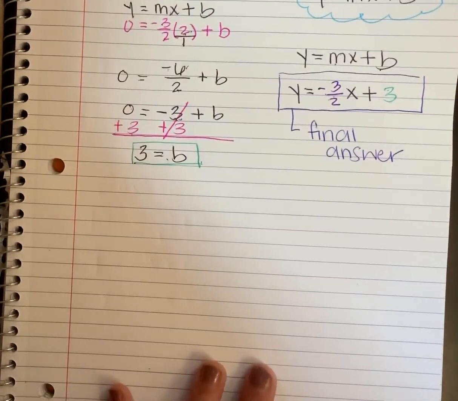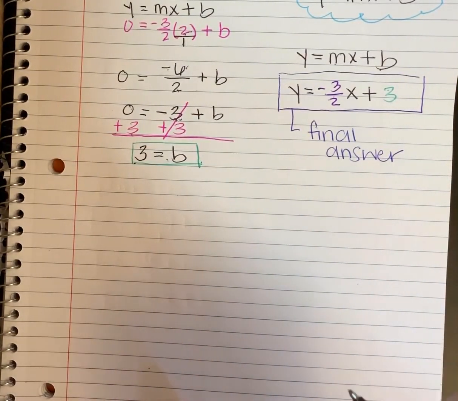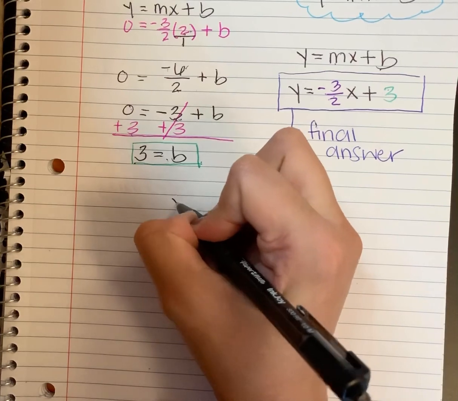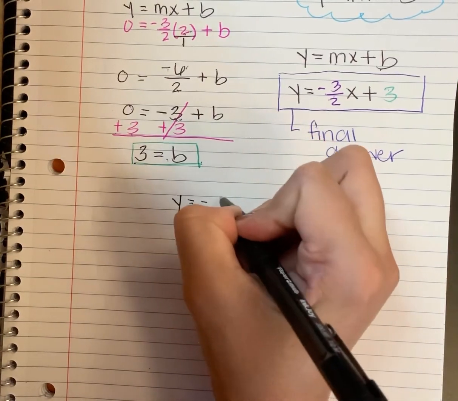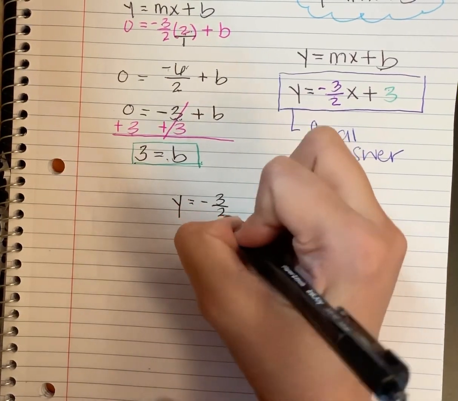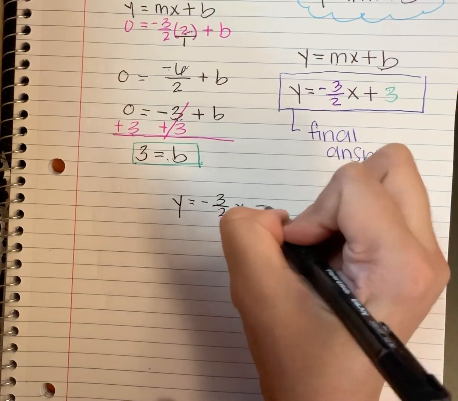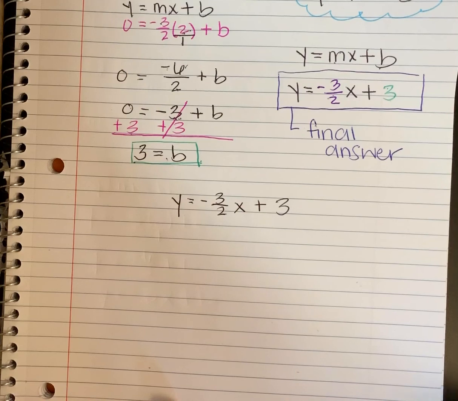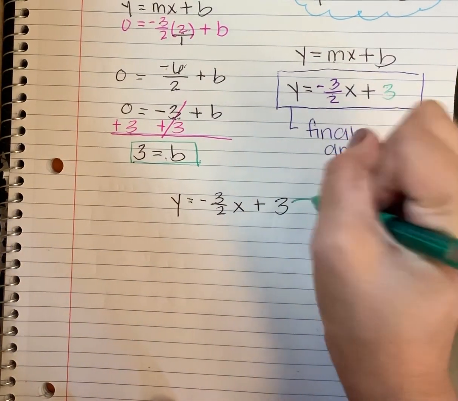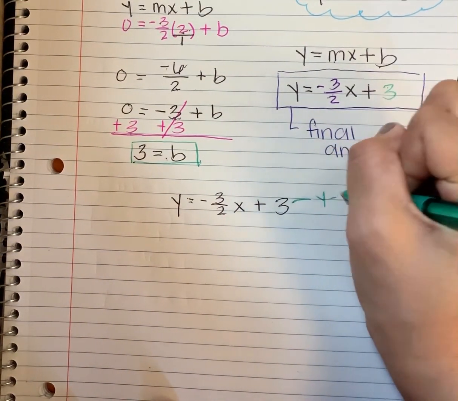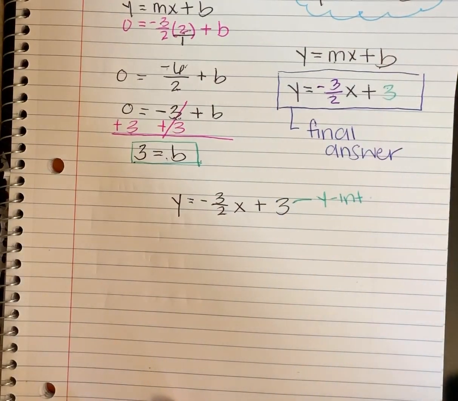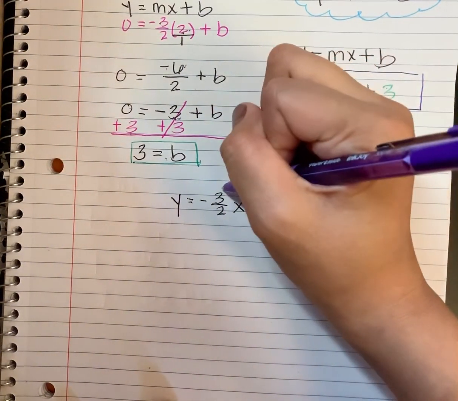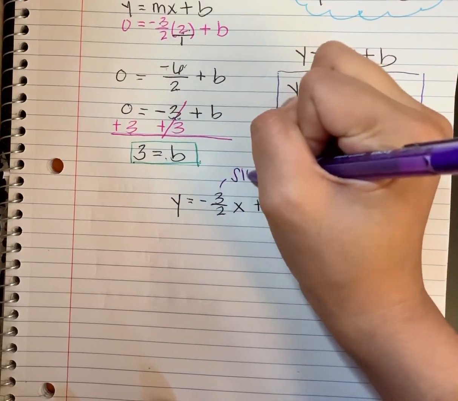So I have y is equal to negative 3 over 2 x plus 3. And I'm going to label what I know. My 3 is my y-intercept. And my 3/2 is my slope.